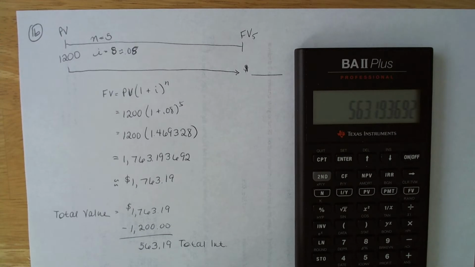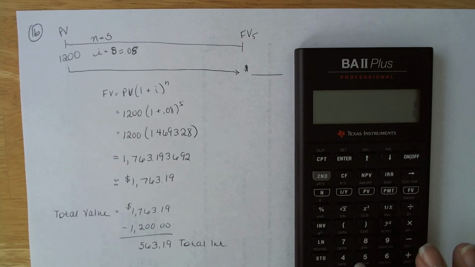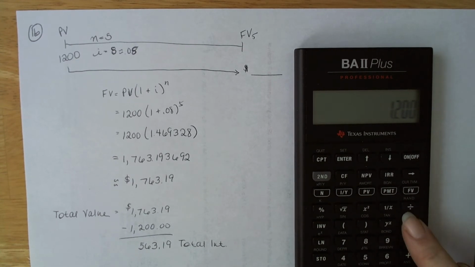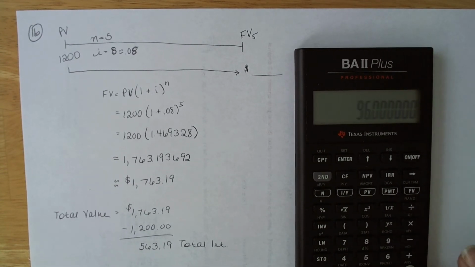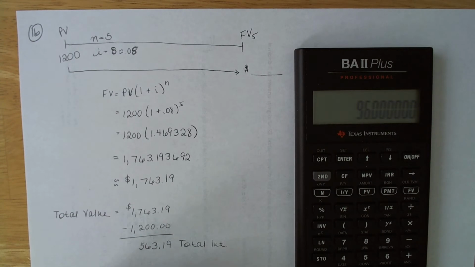Now, the interest that is earned on the original investment is only $96 a year. We get that by saying $1,200 times 0.08. That's simple interest, principal times interest rate. And of course, it earned that over a 5-year period.